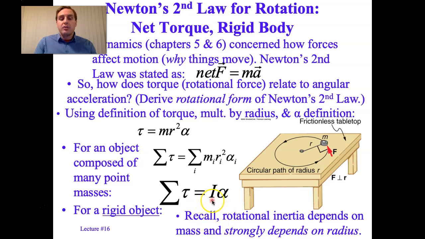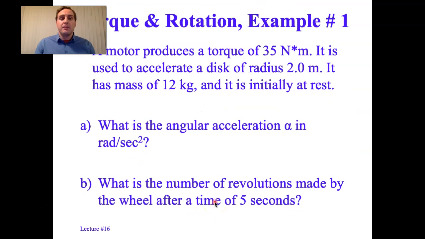Remember that rotational inertia here depends upon mass and strongly depends upon radius. So when it comes to net torque, it does not just matter what the force is, but where the force is exerted, at what radius, and for that matter, mass is not only important for rotational inertia, but certainly radius as well.